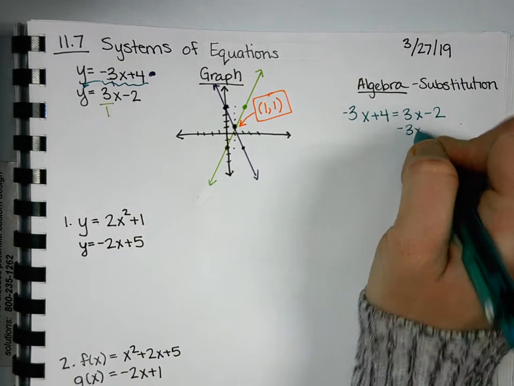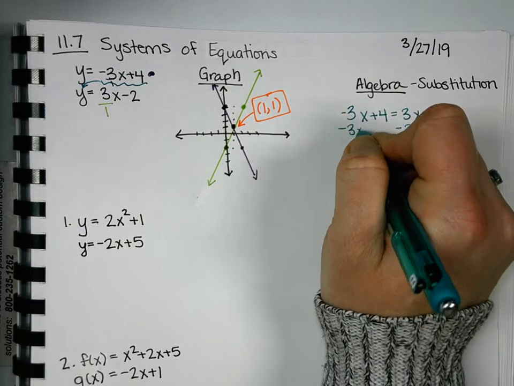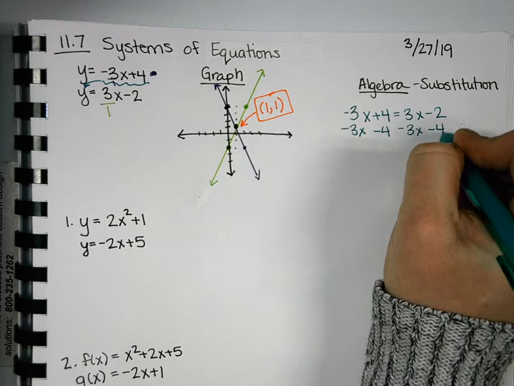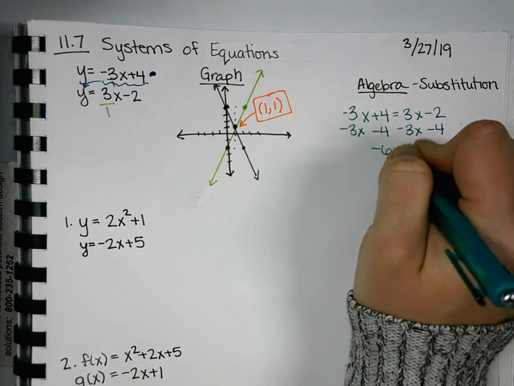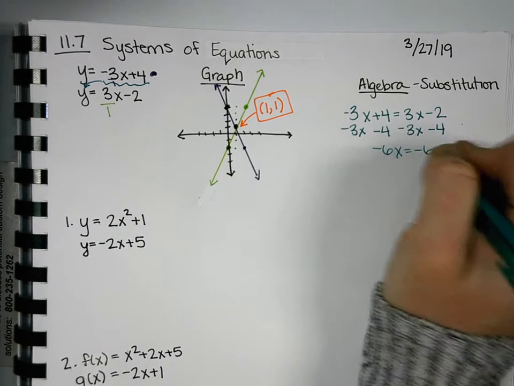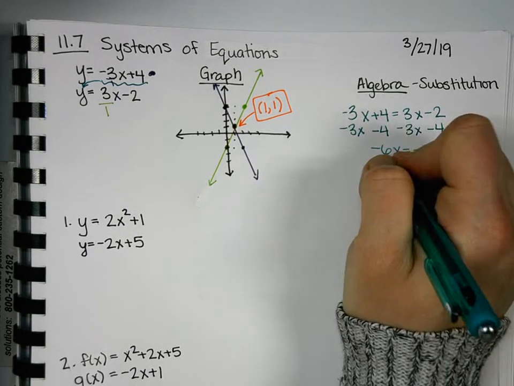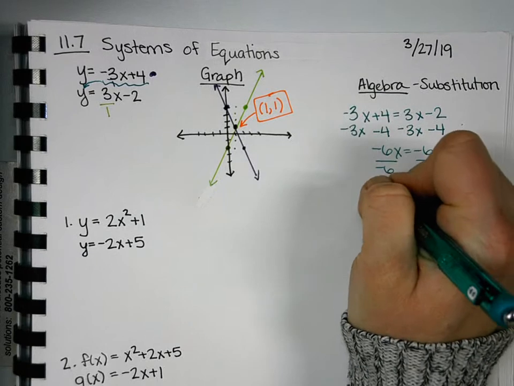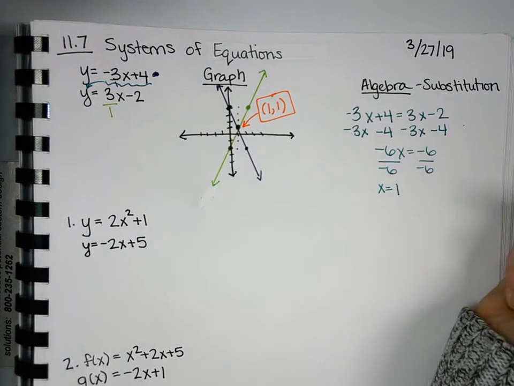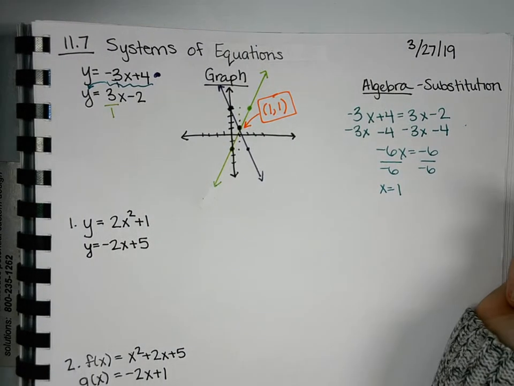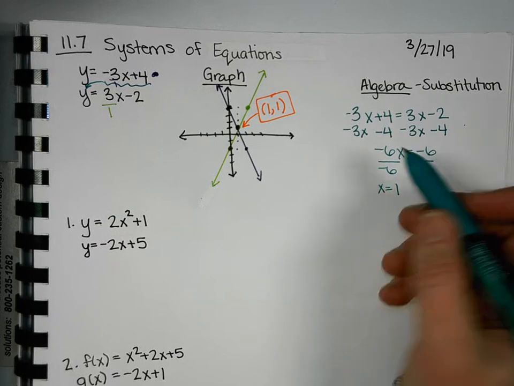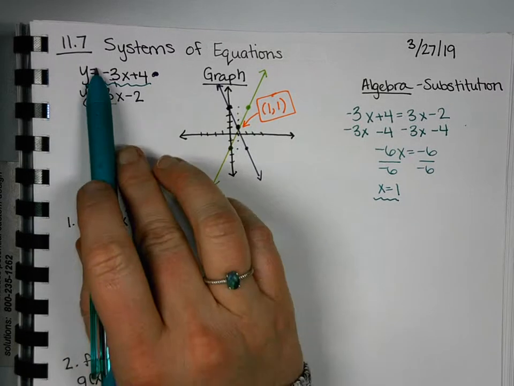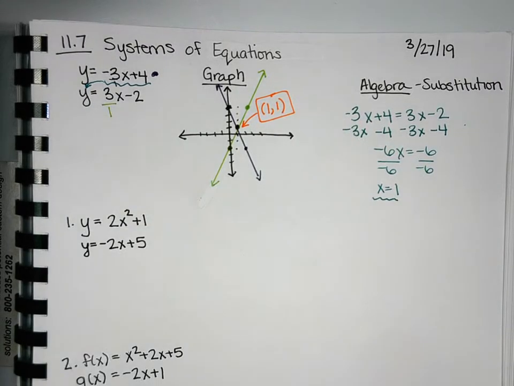If I move my x's together, so subtract 3x, and move my constants together, we get -6x equals -6. Divide by -6, and we get x is equal to 1. Then we took that x value that we got here, and we picked one of the two equations and plugged it in for x.